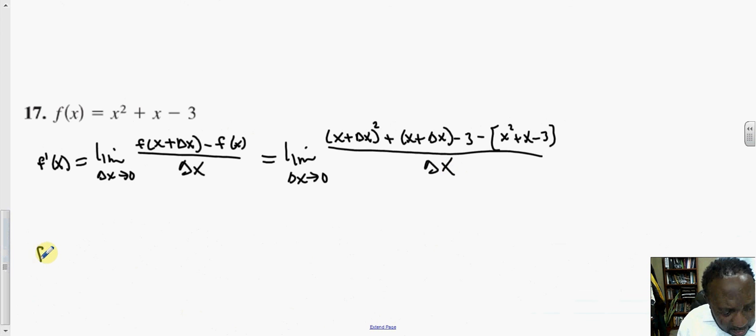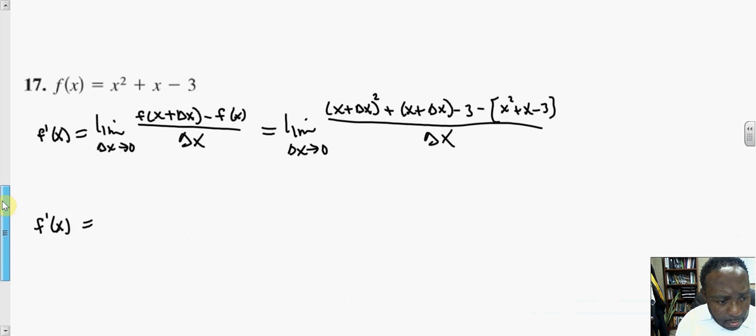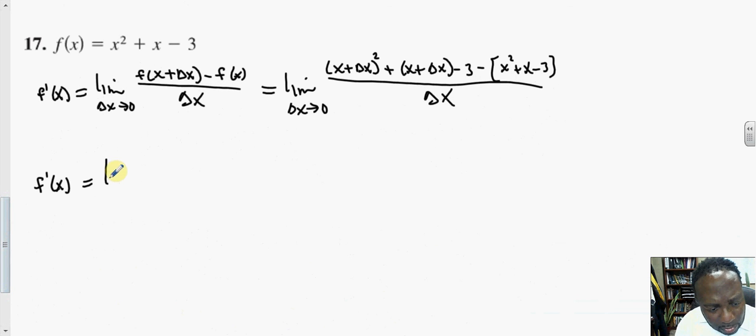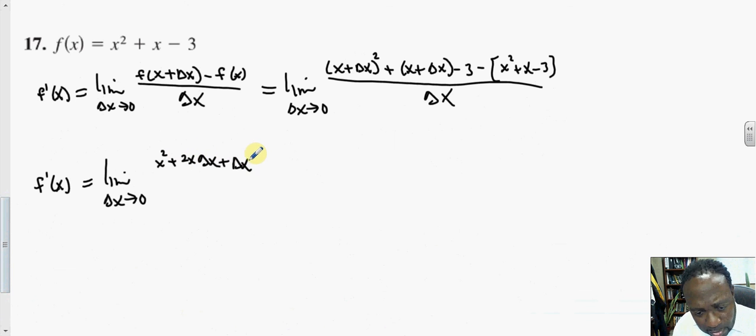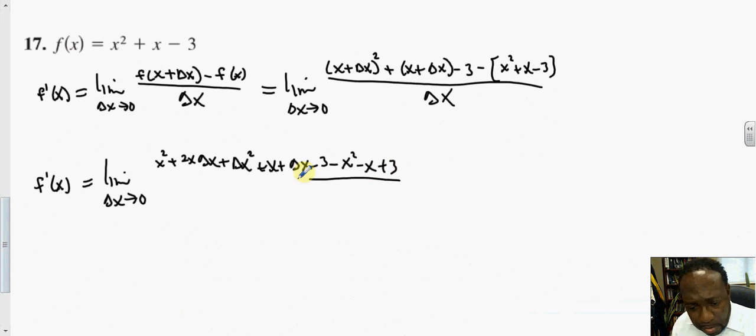We simplify that. So f prime of x is equal to the limit as delta x goes to 0. Just FOIL this out, simplify everything else. So this is x squared plus 2x delta x plus delta x squared plus x plus delta x minus 3 minus x squared minus x plus 3, all over delta x.